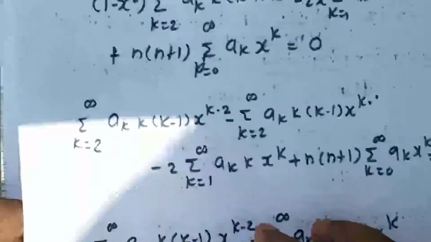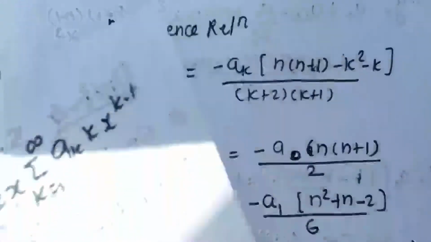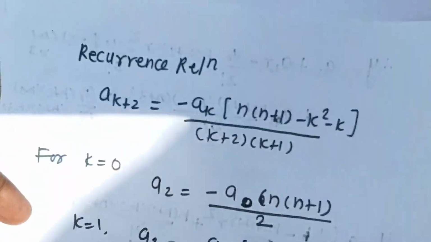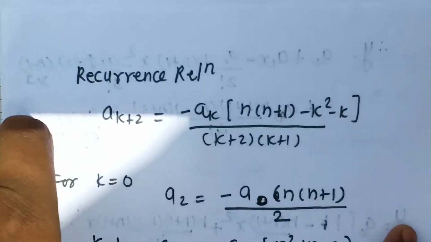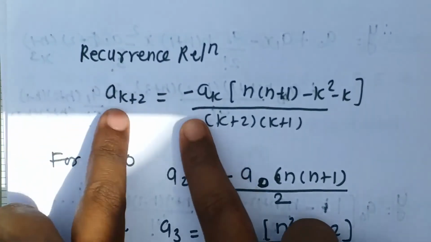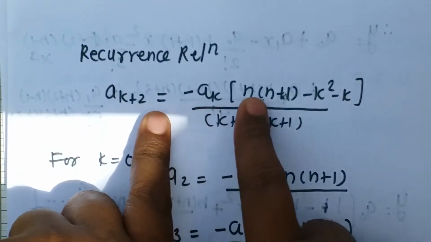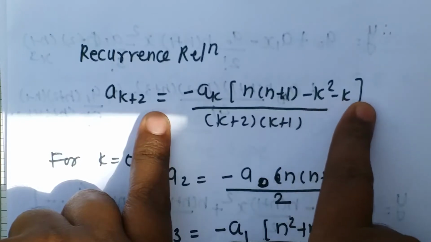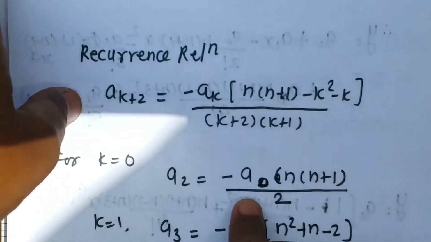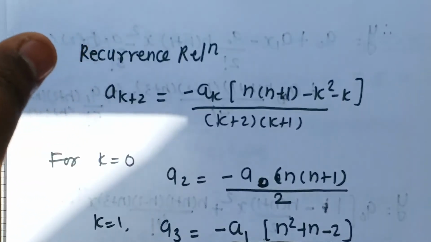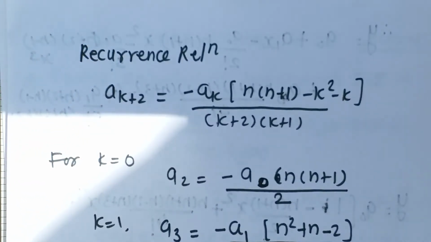Okay, so after doing that, we'll get the recurrence relation as, this will be the value of the recurrence relation that we'll get. It is ak plus 2 equal to minus ak into n plus 1 minus k square minus k divided by k plus 2 into k plus 1. Now our task is to determine the constants a2, a3, a4, a5 onwards.